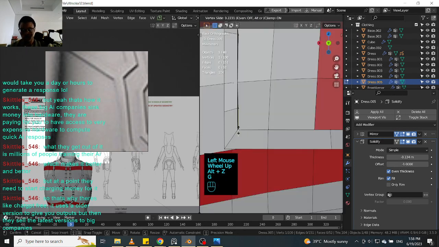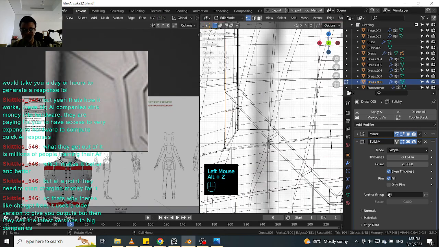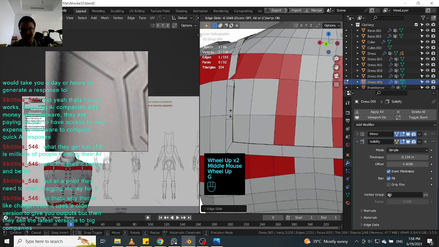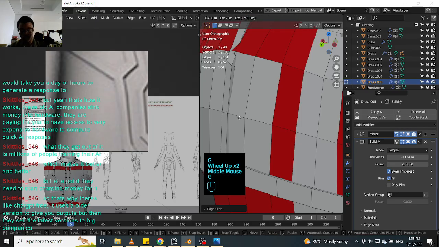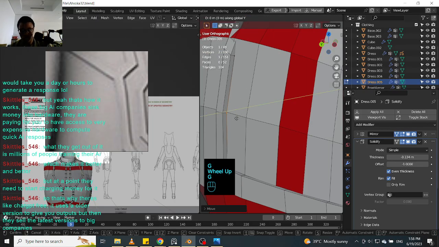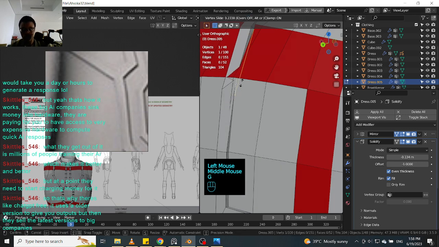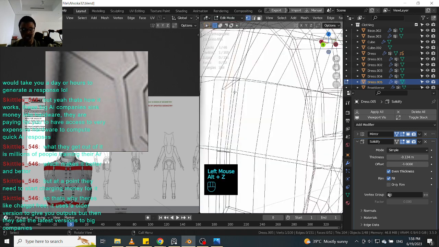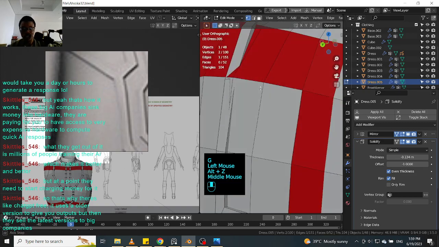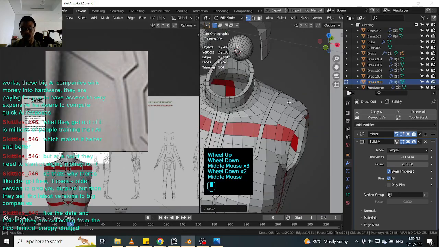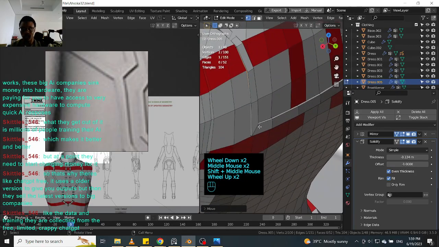I remember even when Substance Painter came, it was actually free. I didn't know it back then, but one of the guys in my class mentioned it. Yo, Substance Painter is good and it's free. Back then, I guess not many people used it, but once it became popular, they started charging for it.